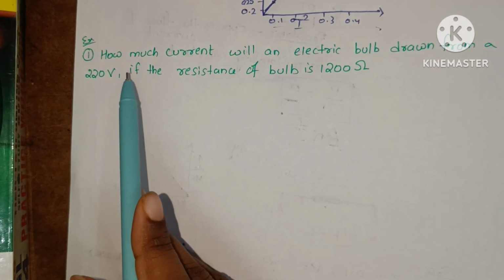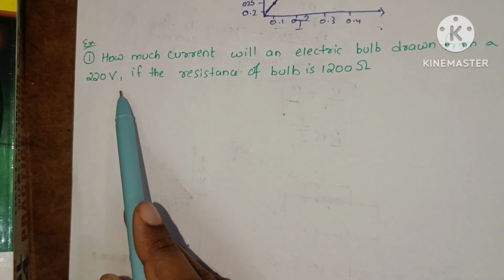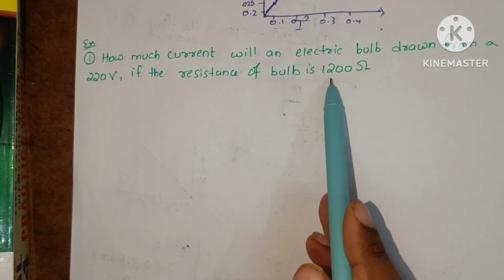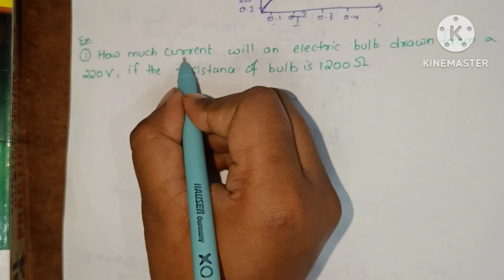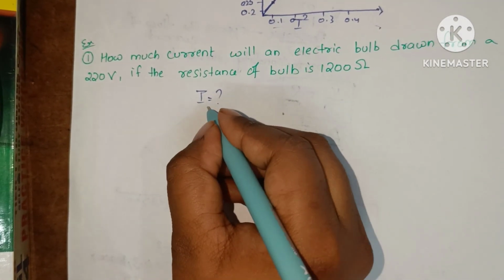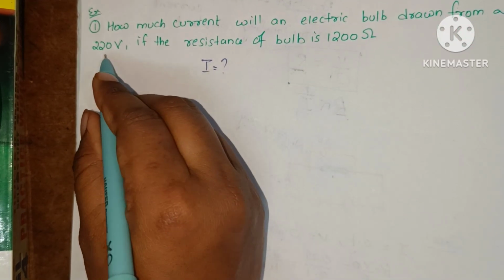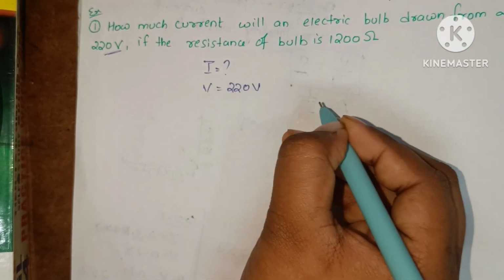Next: how much current will an electric bulb draw from a 220 volt supply if the resistance of the bulb is 1200 ohms? Here, asking how much current will be drawn means I equal to question mark. You have to find out I. Voltage: V equal to 220 volt.